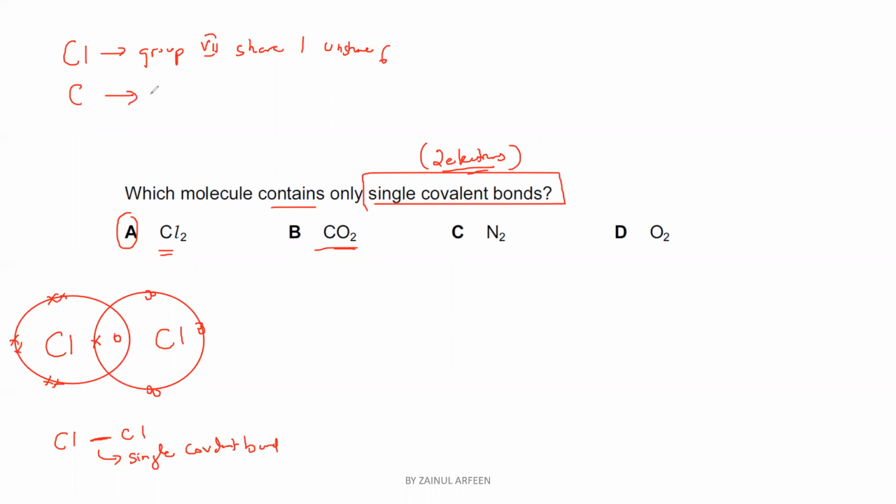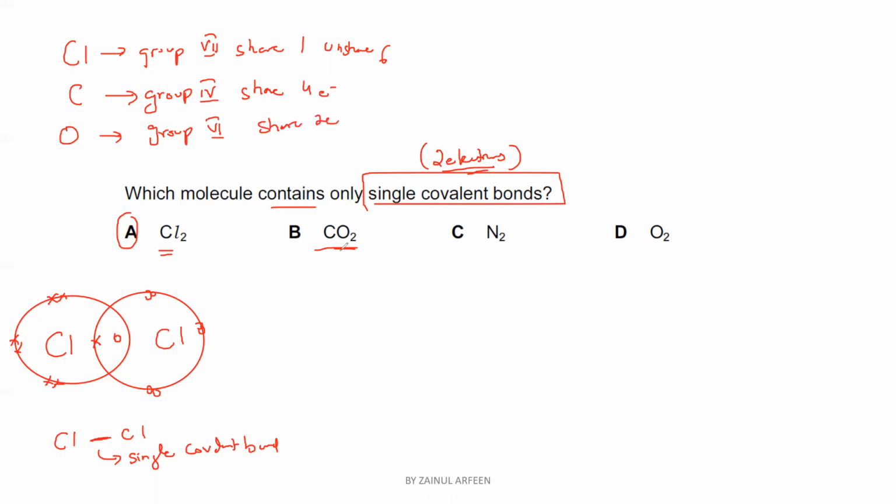Carbon belongs to group 4. So it will share 4 electrons. And oxygen belongs to group 6, and it will share 2 electrons.